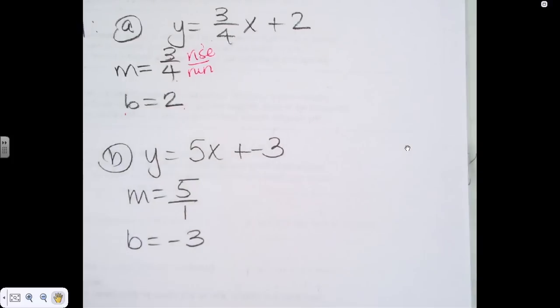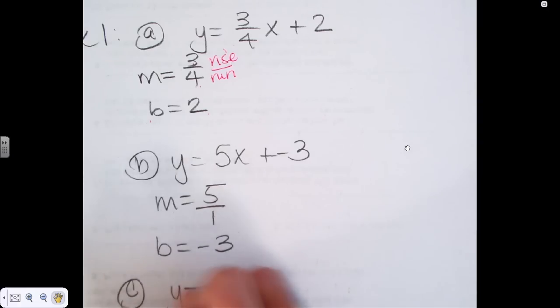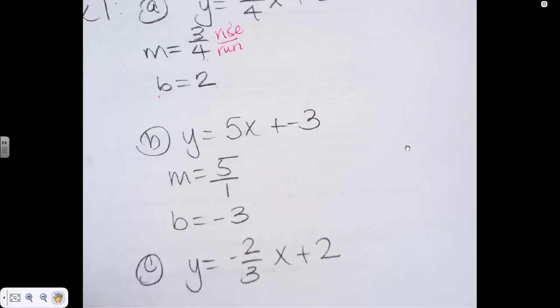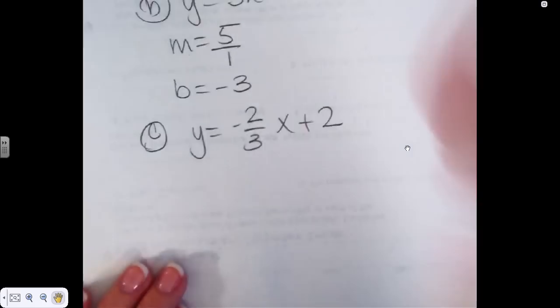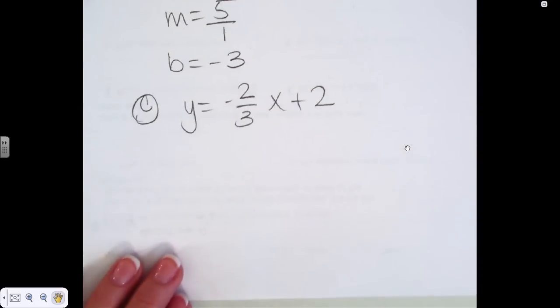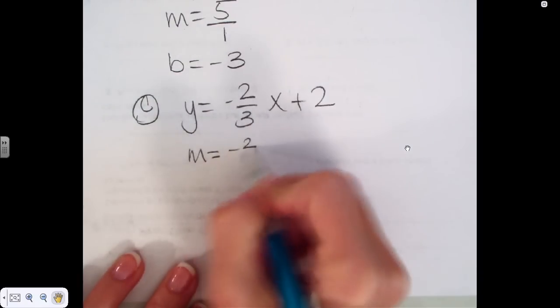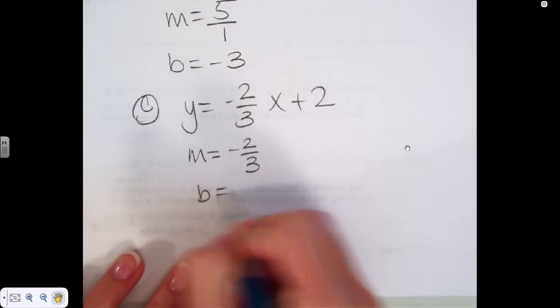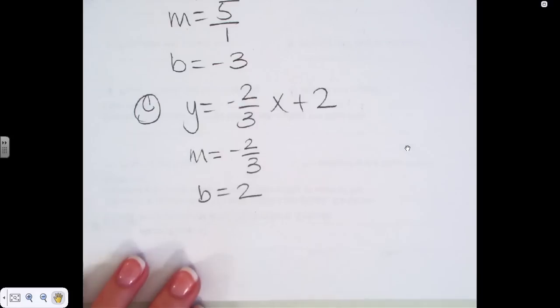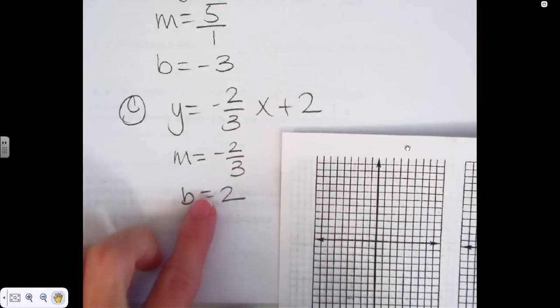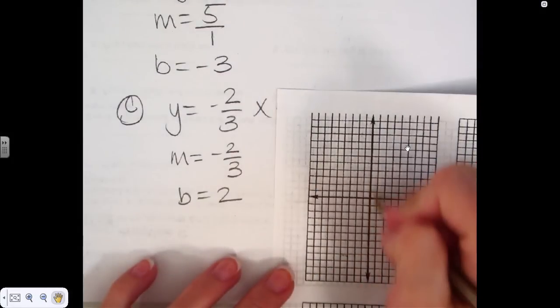Let's do another one. My equation is y is equal to negative 2/3 x plus 2. So my slope is negative 2/3. My y-intercept is 2, and that's, remember, what I plot first.